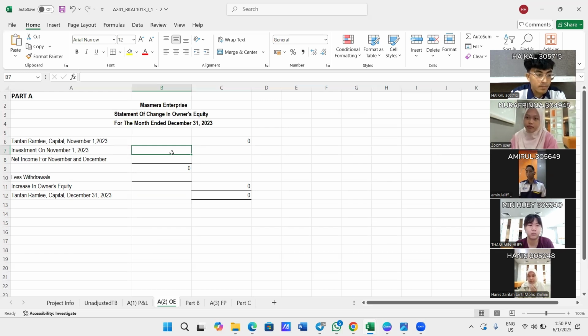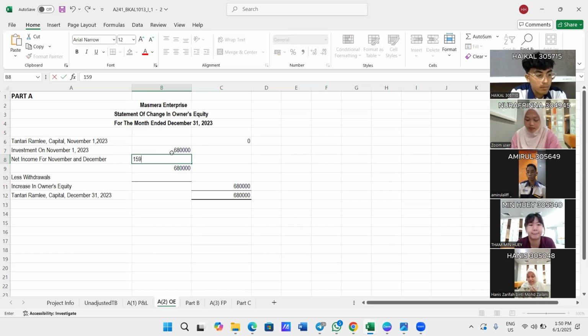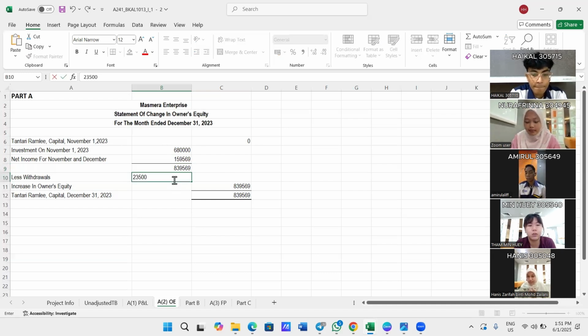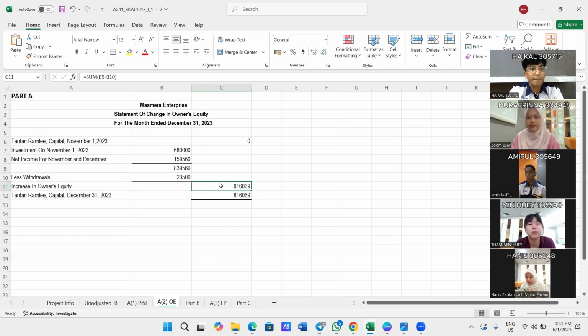Investment on 1st November 2023 is 680,000, plus the net income for November and December, 159,569, equal to 839,569, less the withdrawals 23,500. So the increase in owner's equity equals 816,069 and the total capital on 31st December 2023 is 816,069.